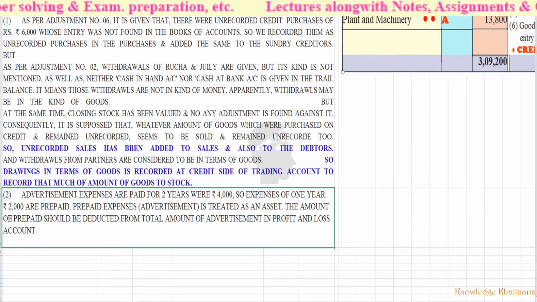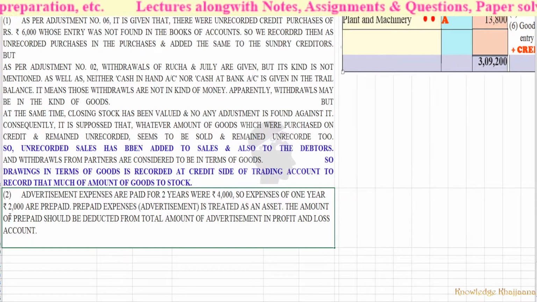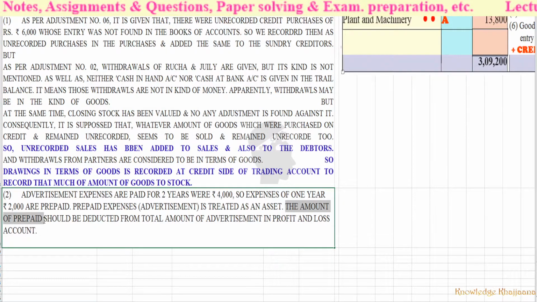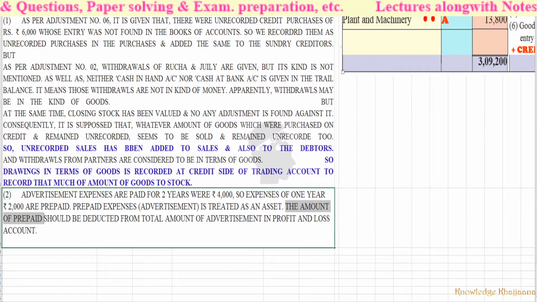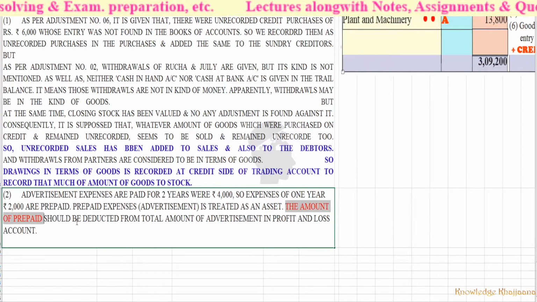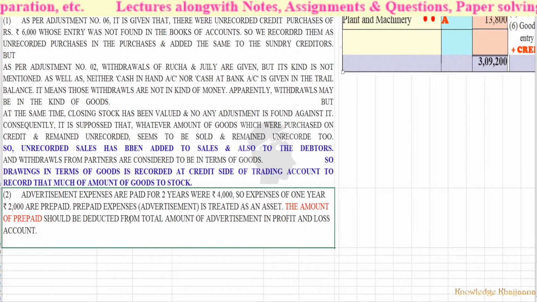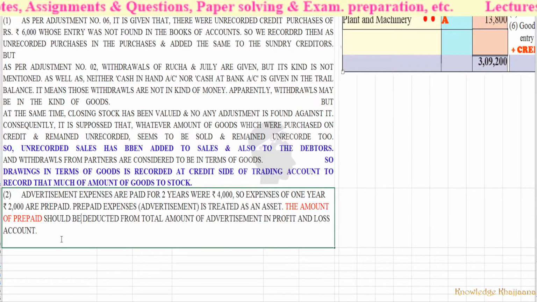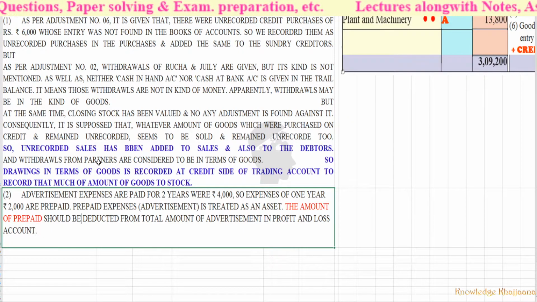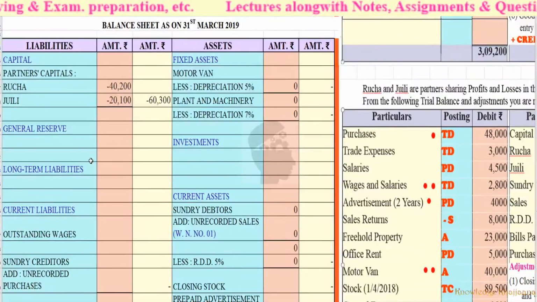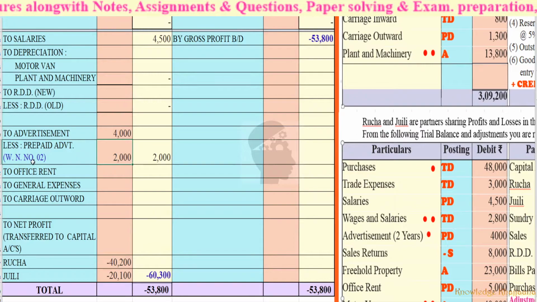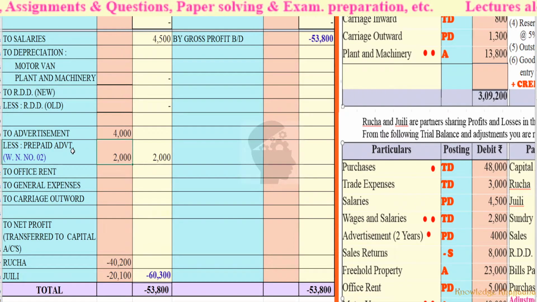Which amount should be deducted? The amount of prepaid. It should be deducted from the total amount of advertisement in the profit and loss account, debit side. So we have deducted rupees 2,000, which were prepaid for the next year. What should be done with this prepaid advertisement?